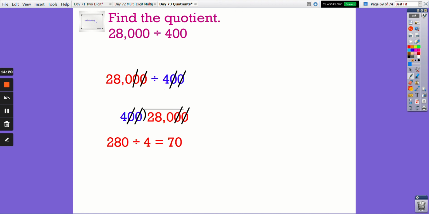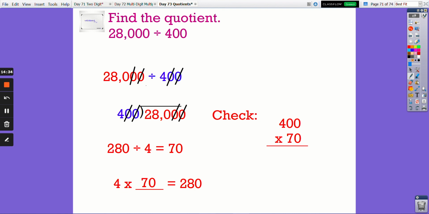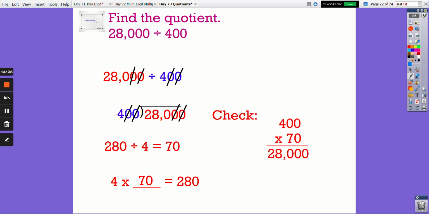So our quotient is 70. 280 divided by 4 is 70. So now if we check, 400 times 70 is going to give us 28,000. Because 4 times 7 is 28, and then we have 1, 2, 3 zeros. 1, 2, 3 zeros. Count them up.